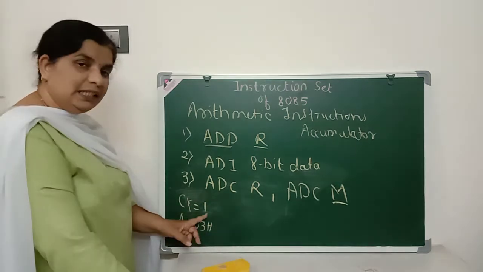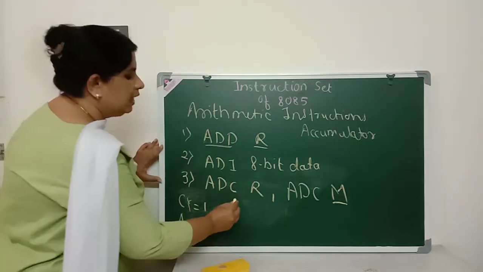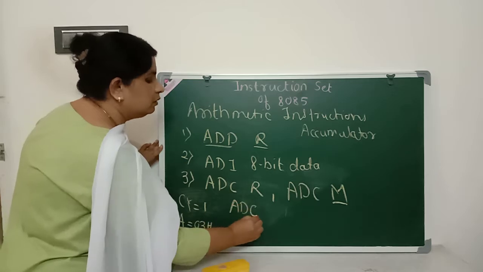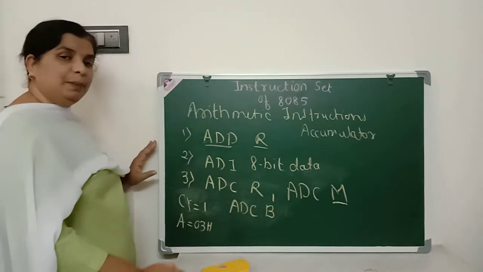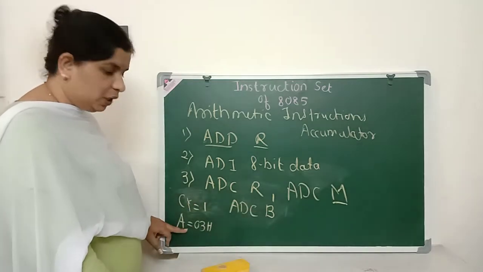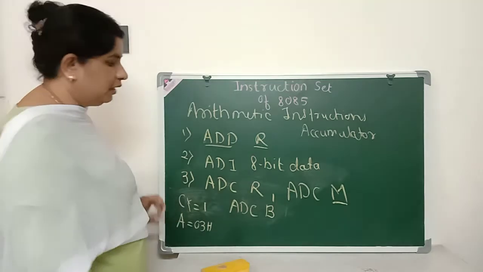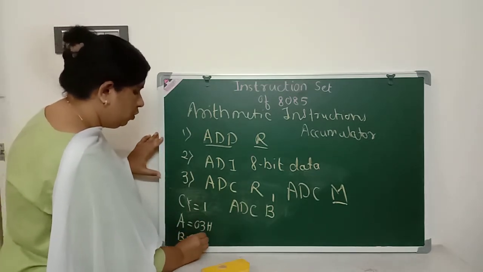So if the carry flag is 1 and the accumulator consists of 03H, and if we write the instruction ADC B, what will happen? The contents of the B register will be added with the contents of accumulator along with the carry flag. Suppose in this case B is 04H.